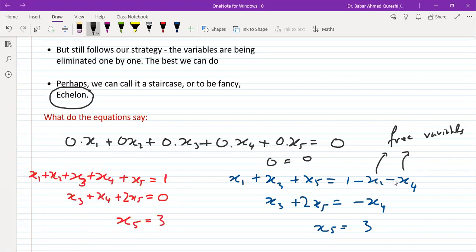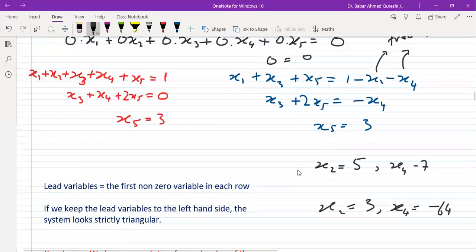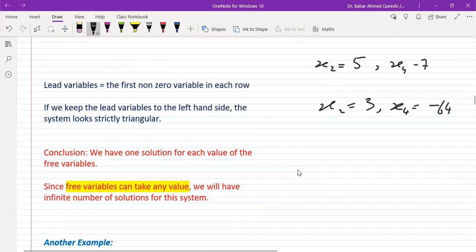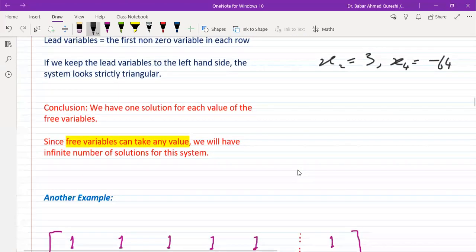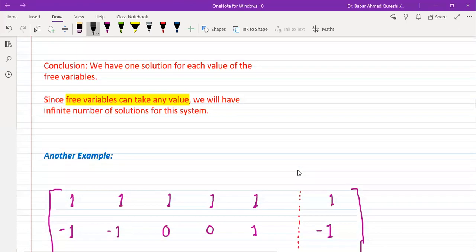You give them a value and then you start back substituting. That part we still have to do. Back substitution we still have to do. All I'm saying is that you have got a triangular system. So now you can use your previous method of back substitution. Now you know that the solution exists through back substitution. Any other question?